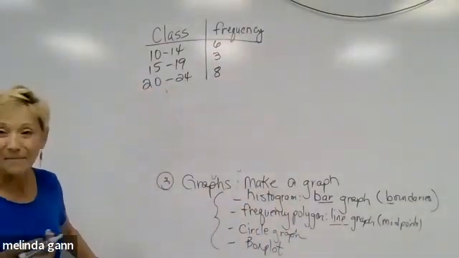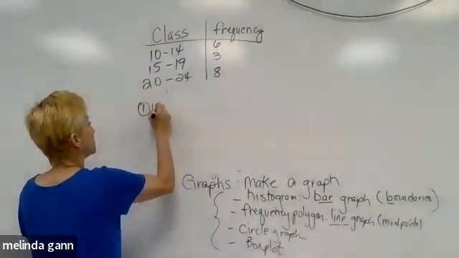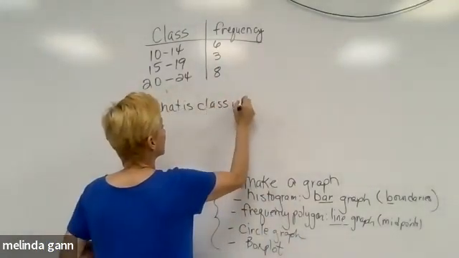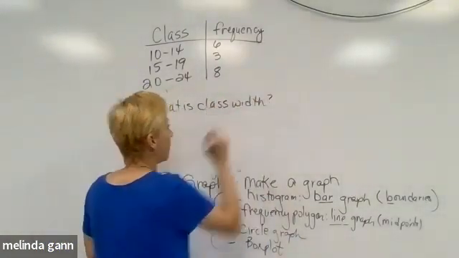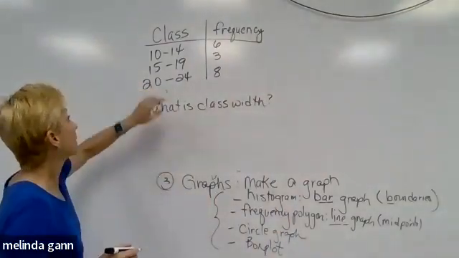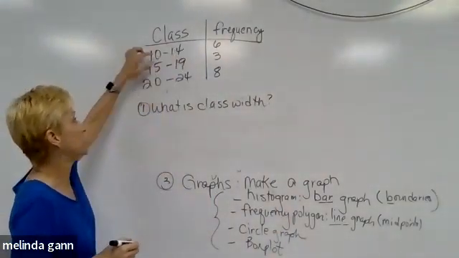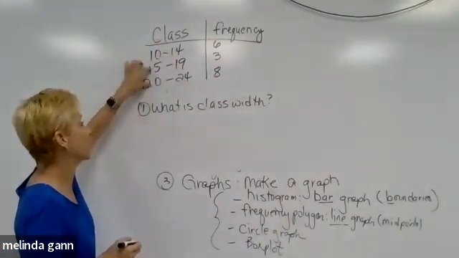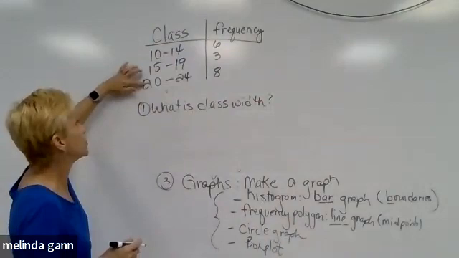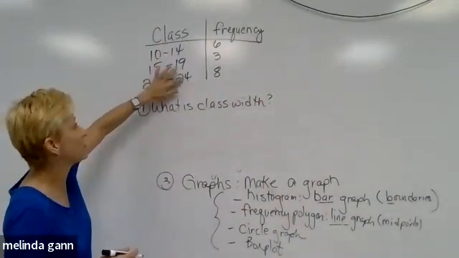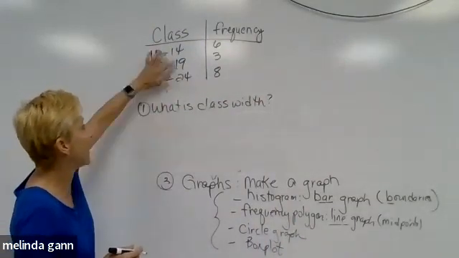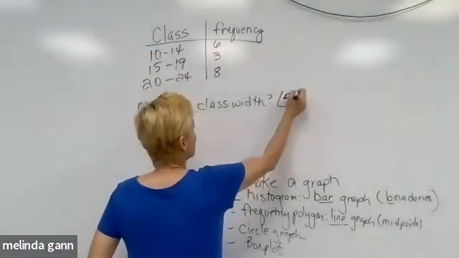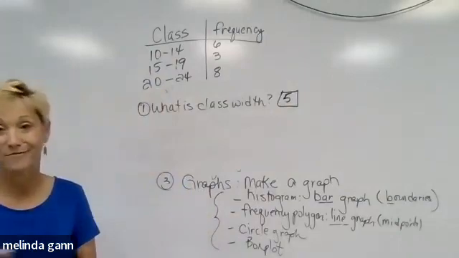All right. I might ask you questions, like I might ask you, what is the class width? All right, now remember, you don't subtract horizontally, you subtract vertically. So you can find any two numbers that are under each other vertically, and that'll be your class width. So 20 minus 15 is 5, 24 minus 19 is 5, 19 minus 14 is 5. So the answer to this would be the class width of that table is 5.